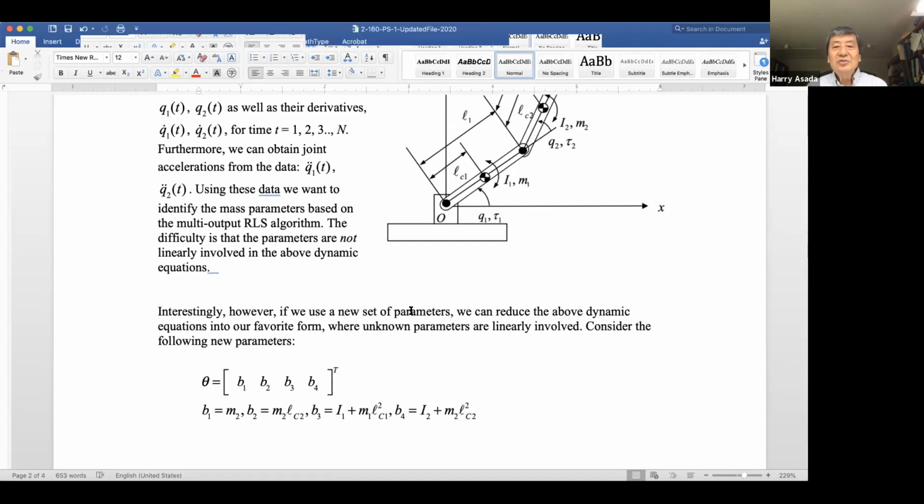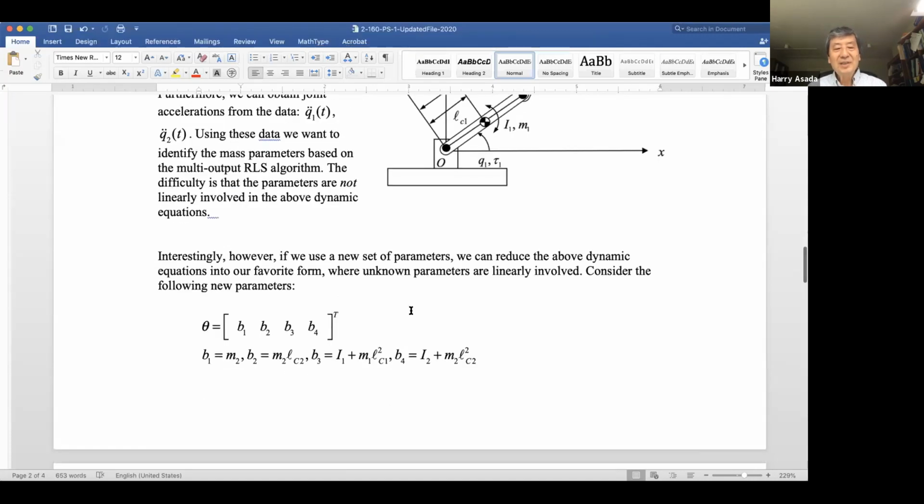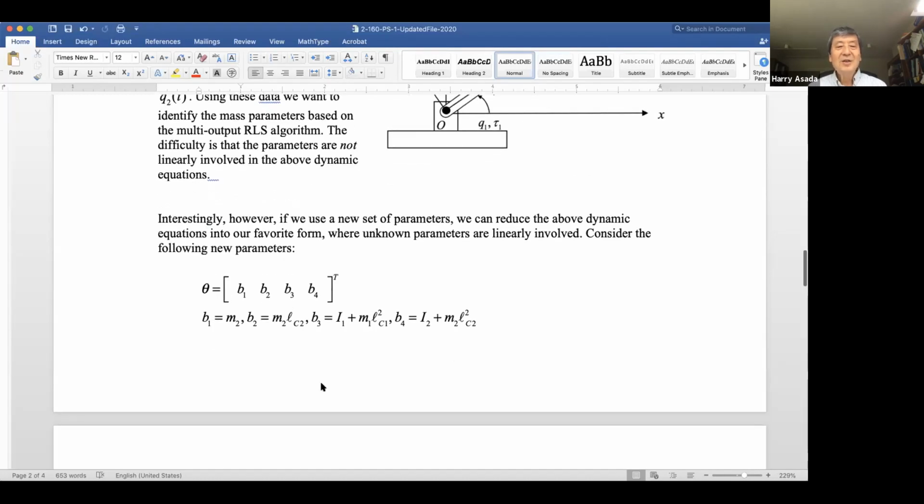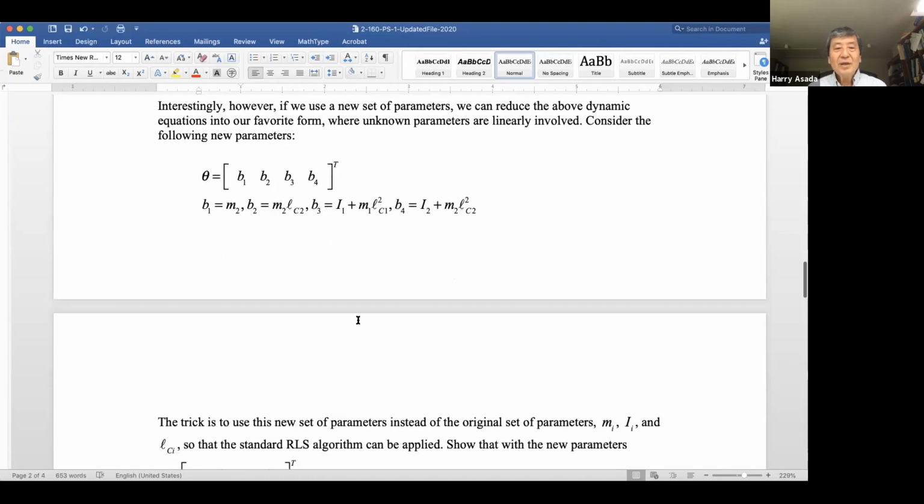So the suggested parameters are basically the key hint of this question. Instead of directly estimating LC2, the location of the center of mass of link 2, don't try to directly estimate LC2.